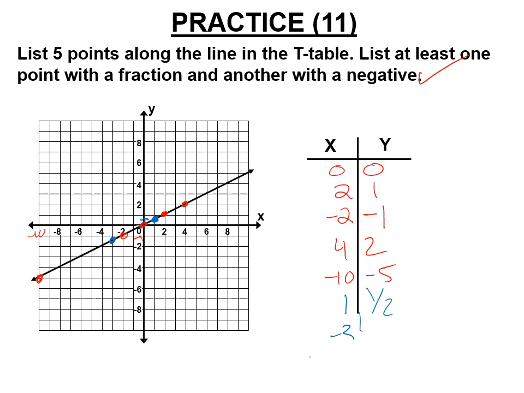So x is -3, and y is halfway between -1 and -2. That's -1.5. Yeah, it works that way. So let's do this one right here. x is 7, y is halfway between 3 and 4. You could write 3 1/2 or 3.5.